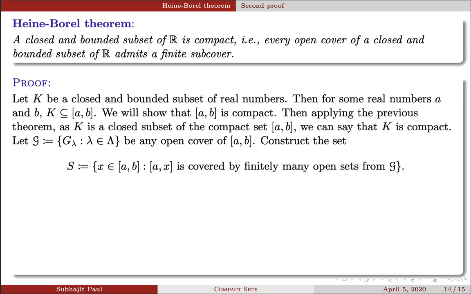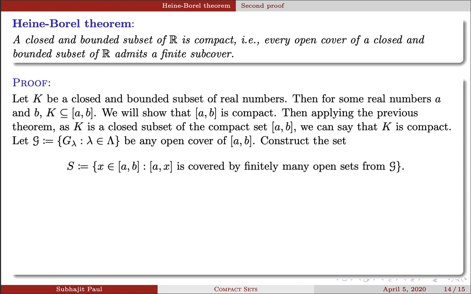The set is called S, and this contains all those elements X from the closed interval [A, B] such that the closed interval from A to X is covered by finitely many open sets from G. Alright, pause a second, I'll repeat.